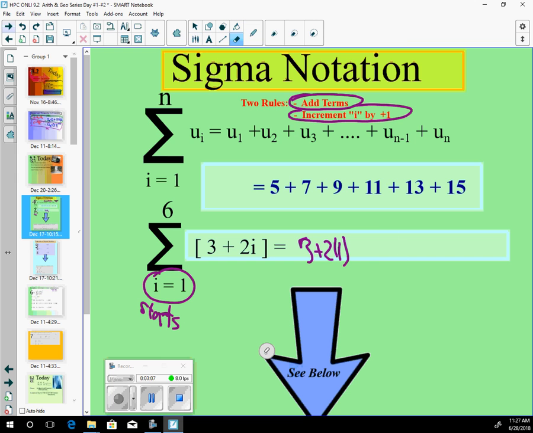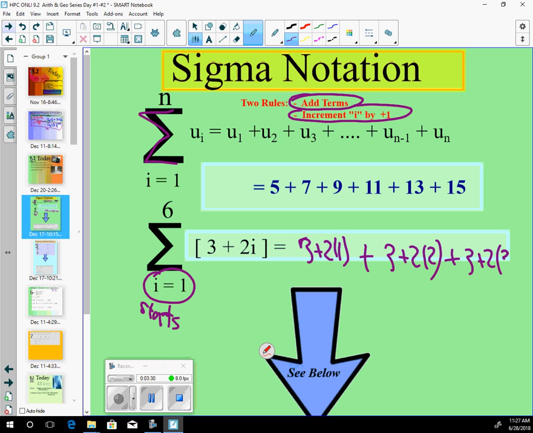Now we're not going to put a comma because sigma means to add the next term. So then we're going to crank I up by 1. It doesn't go by half, it goes by a whole integer. So now it's going to be 3 plus 2 times 2. And then we're going to crank it up again by 1, 3 plus 2 times 3.